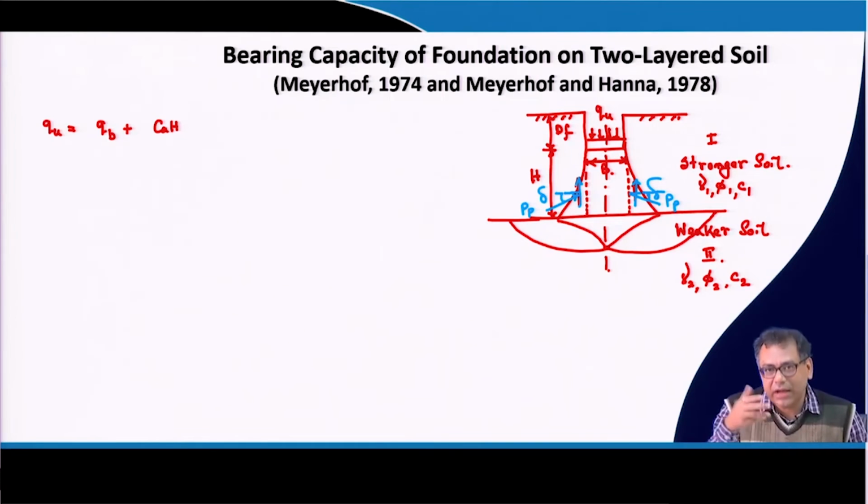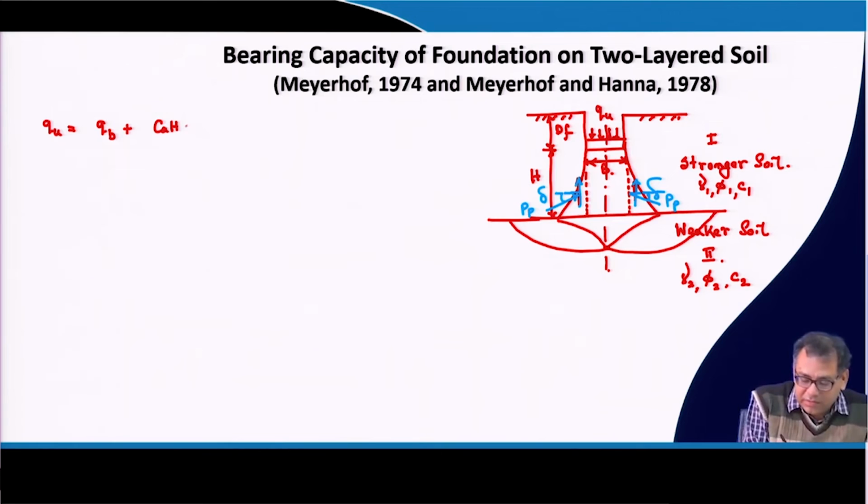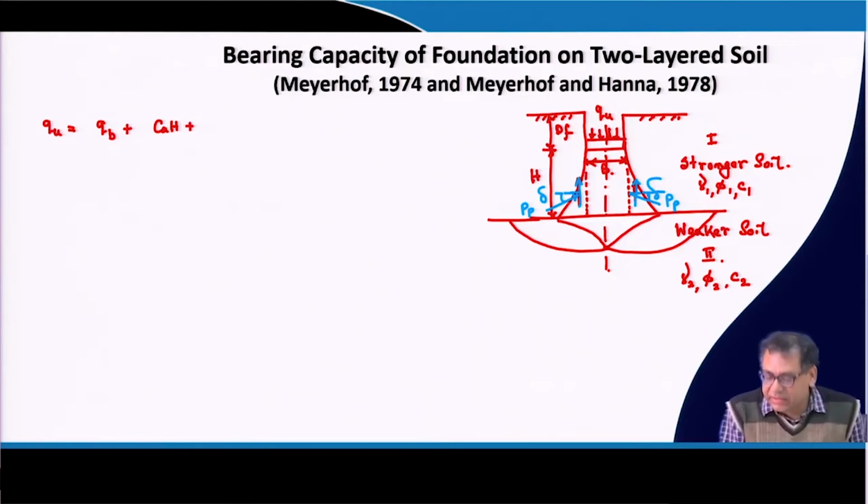So, your cohesion will act along the H. So, that means Ca into H will give you the resistance due to cohesion or shear stress due to cohesion, and due to the passive one also there will be a value, because it is at delta. So, it has two components.